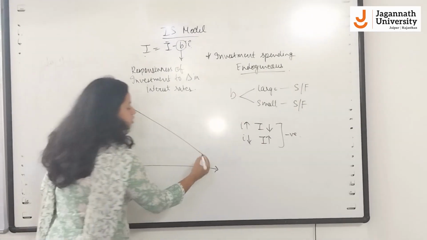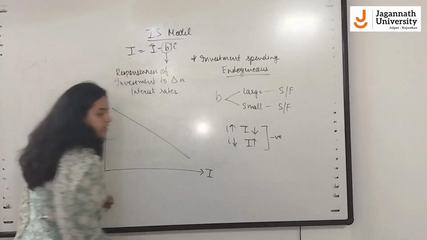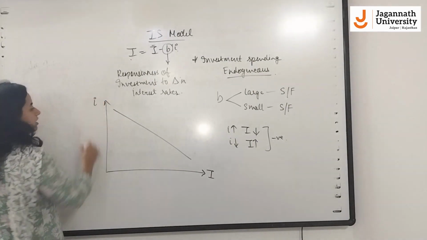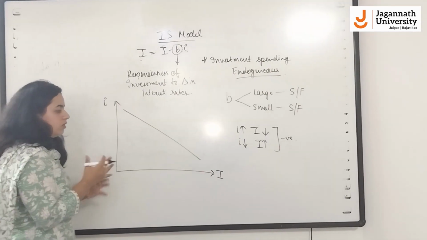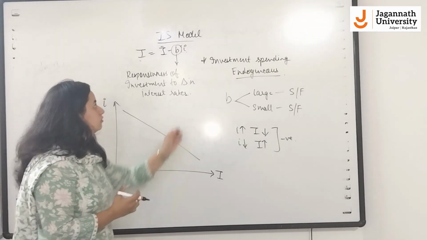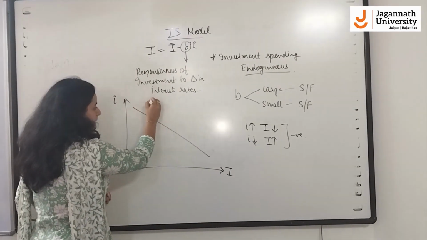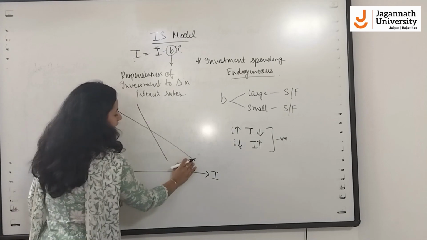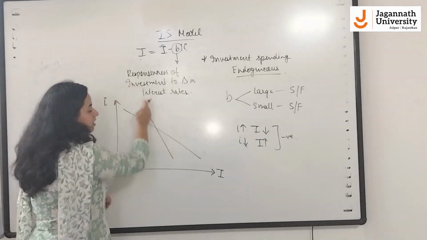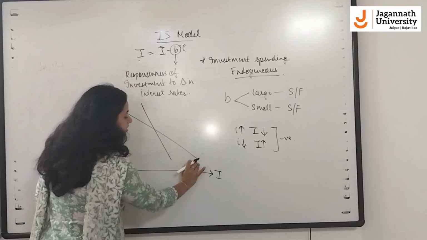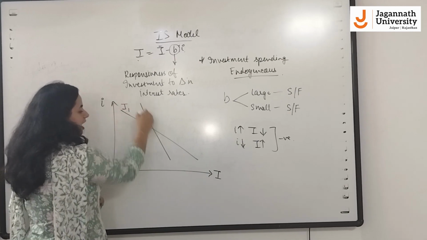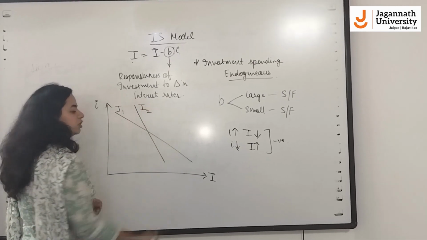So here we take investment on the x-axis and interest rate on the y-axis. Now to understand the role of this b, the responsiveness, I am going to take two graphs. Let this be a flatter graph and let this be a steeper one. I am going to take the flatter one as I1 and the steeper one as I2.